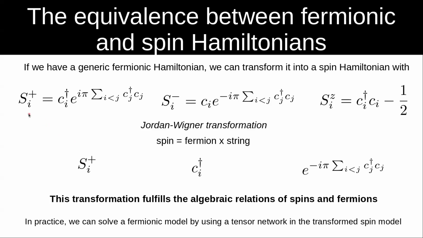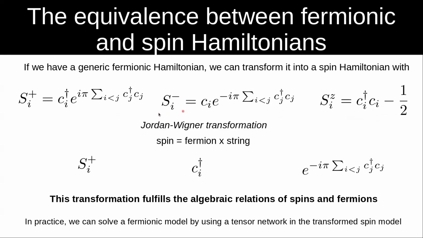In particular, if you say that the S plus operator corresponds to the creation operator in the fermionic language times a certain operator that we call the string operator, you take the Hermitian conjugate for S minus, and for S z you say that you have the number of electrons minus 1/2, then these relationships give rise to mathematically consistent anti-commutation and commutation relations for your spin operators and fermionic operators.